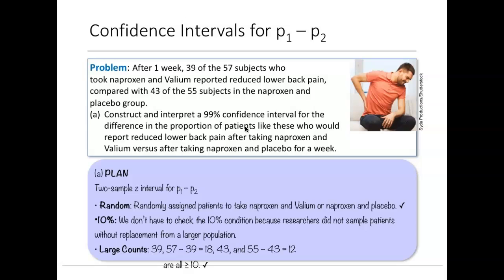In this case, it's not a random sample, but we did randomly assign patients to the treatment group and to the placebo group. 10% we don't have to check because they're not sampling patients without replacement. They are experimenting. So 10% is not necessary to check.